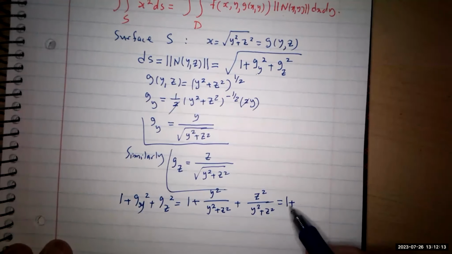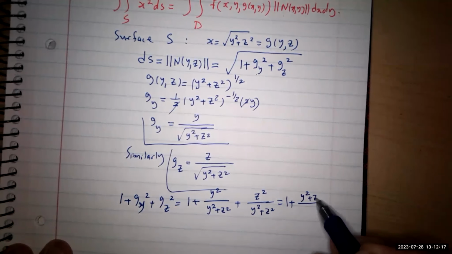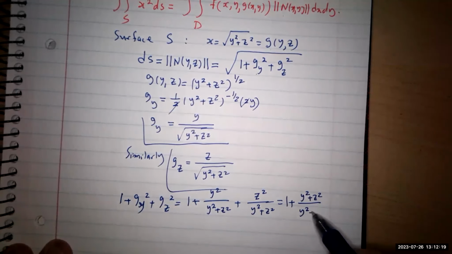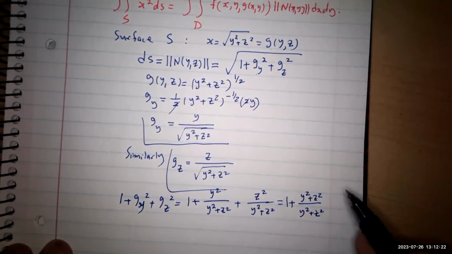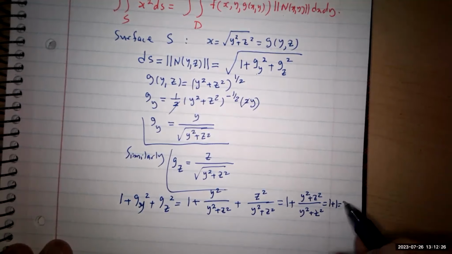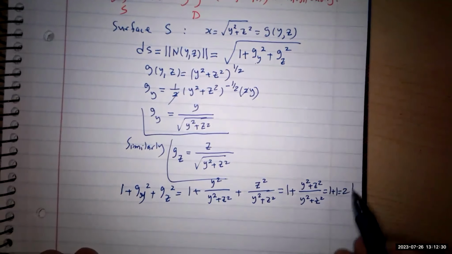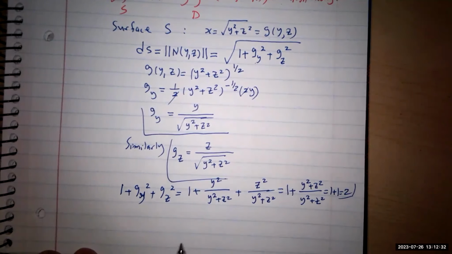Okay, so it's 1 plus, you add them together, that gives you y squared plus z squared over y squared plus z squared. It's nice. You get 1 plus 1, which is 2. So this would be equal to 2, so you get your normal vector right away.